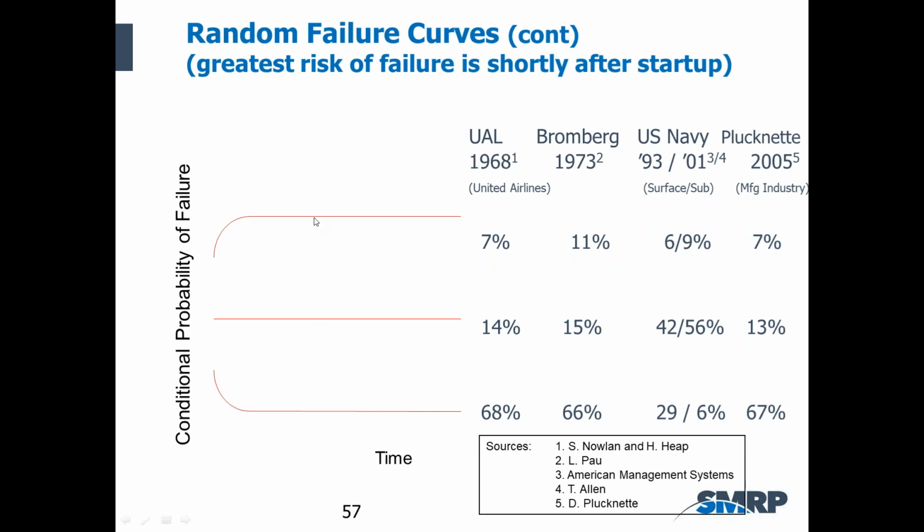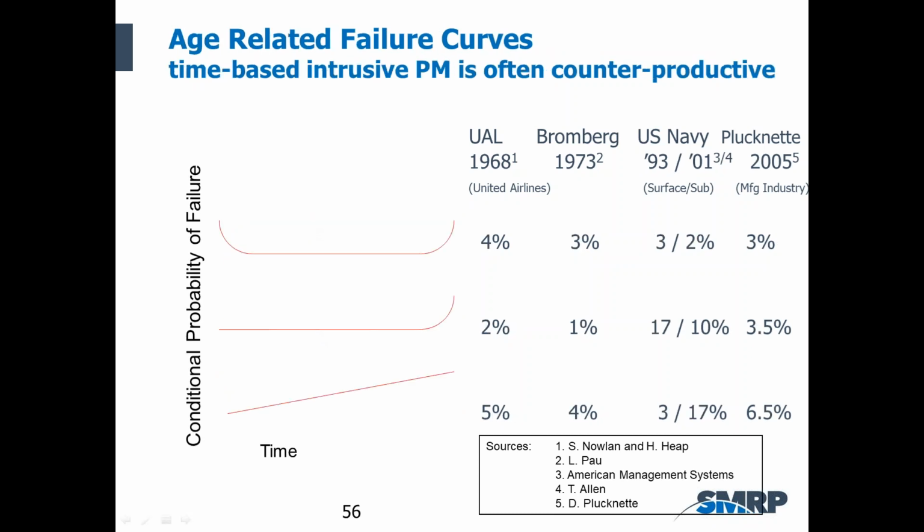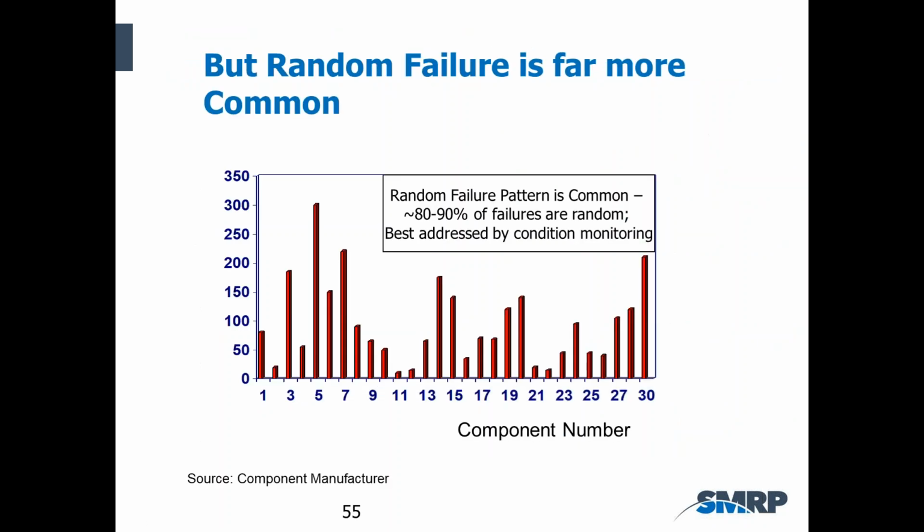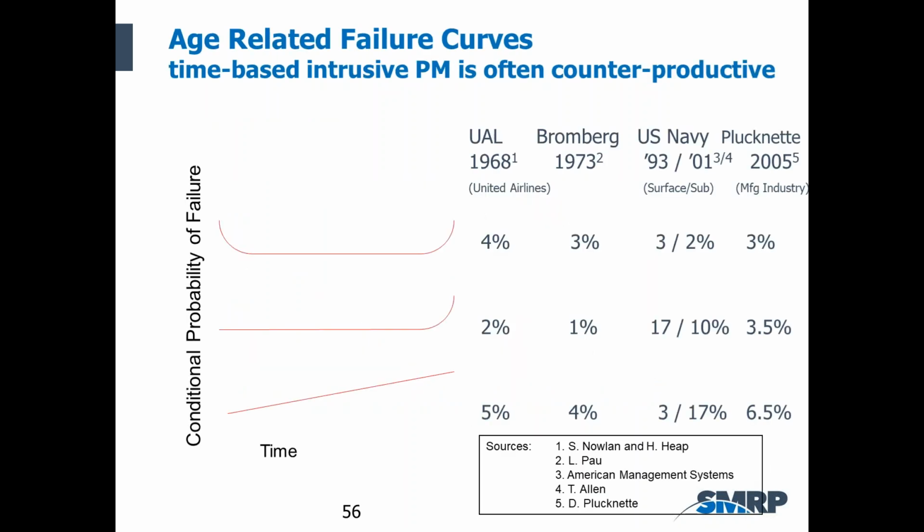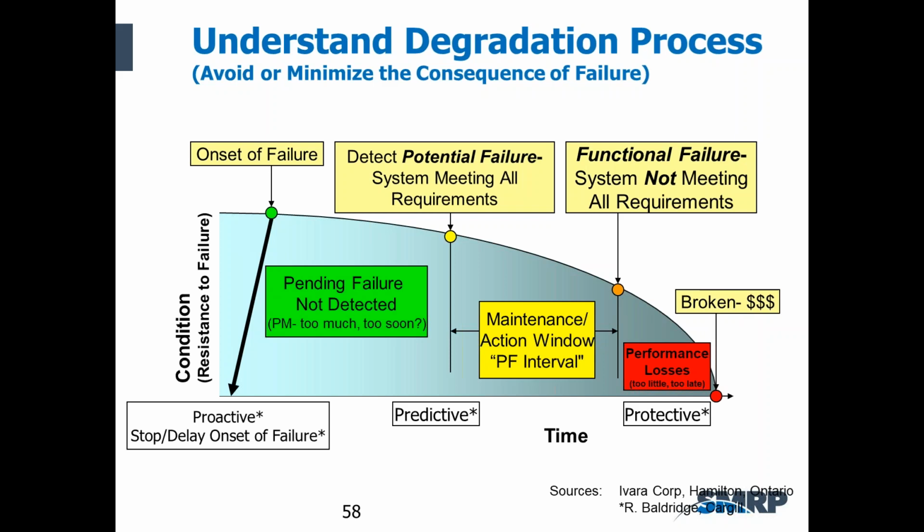In fact, it's flat here, and it's flat here and in between. What does that look like? Well, it's a random failure pattern. The probability of any one of these components failing is the same as the probability of any other component failing. How do you manage that? Condition monitoring. So it's really important that you have that. Let's jump ahead. So what are we trying to do with condition monitoring?